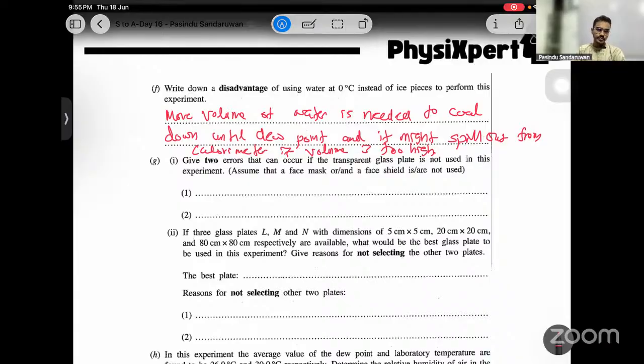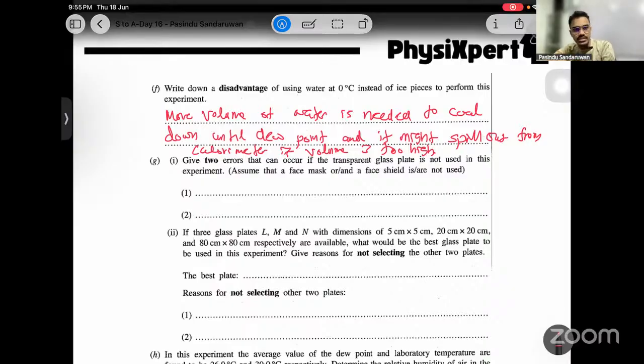And when exhaled air reaches the calorimeter, it can also be condensed at the surface. Because the surface of the container is cooled down now. When the surface of the container is cooled, even the water vapor that we have in our exhaled air can be condensed.